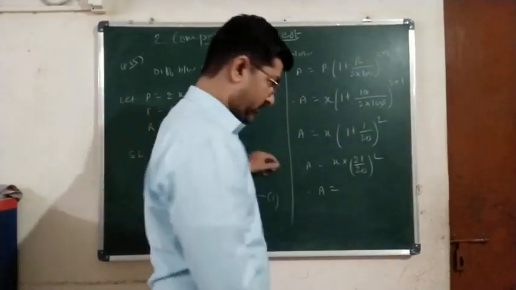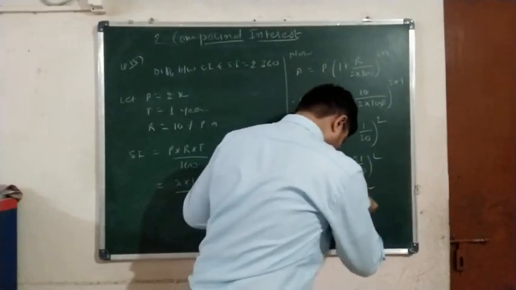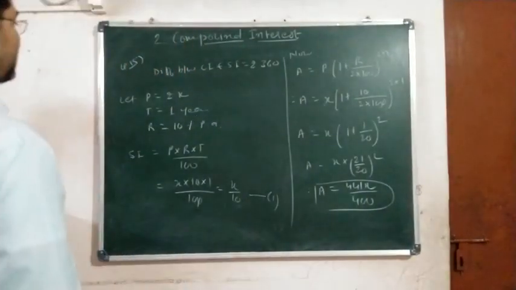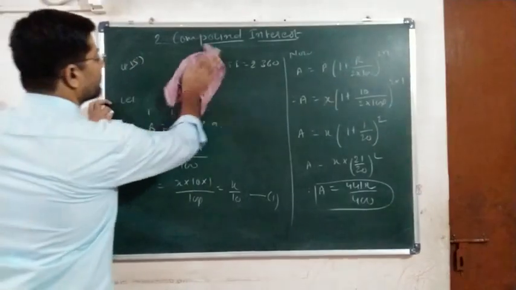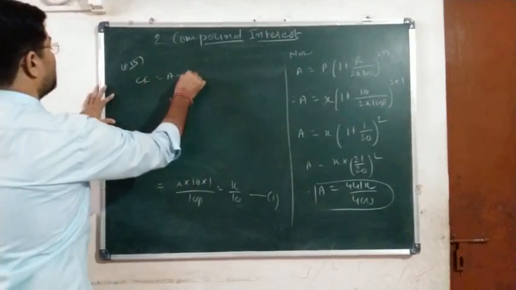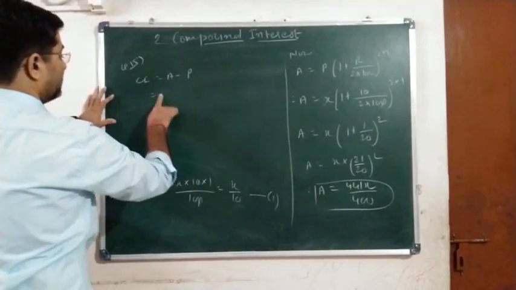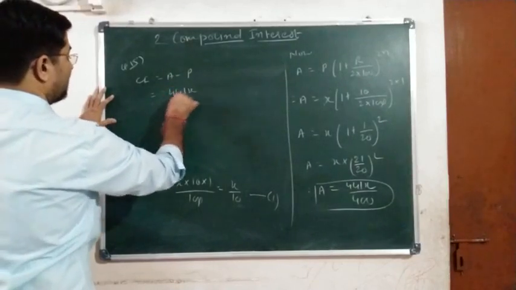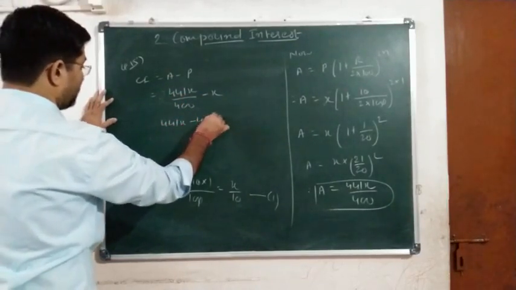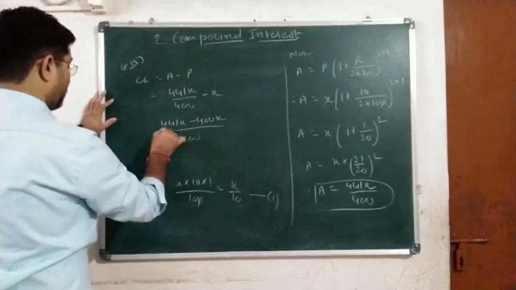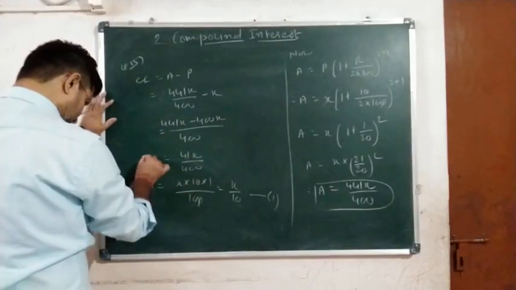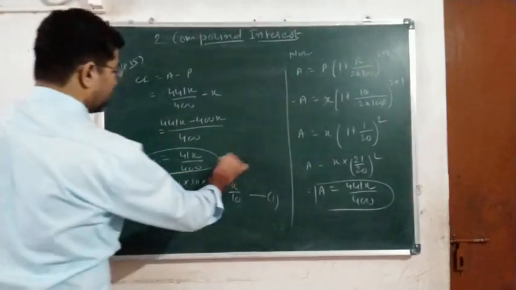Therefore amount, 21 squared will be 441 upon 400. This is the amount. Now let us subtract to find CI. CI is equal to A minus P. So 441x minus 400x upon 400, so 41x upon 400. This is the compound interest.